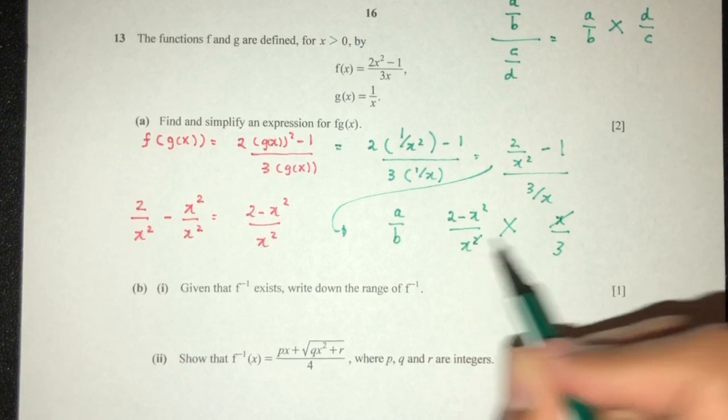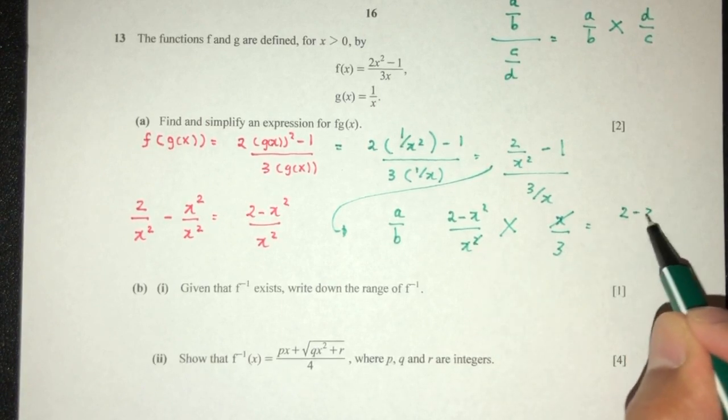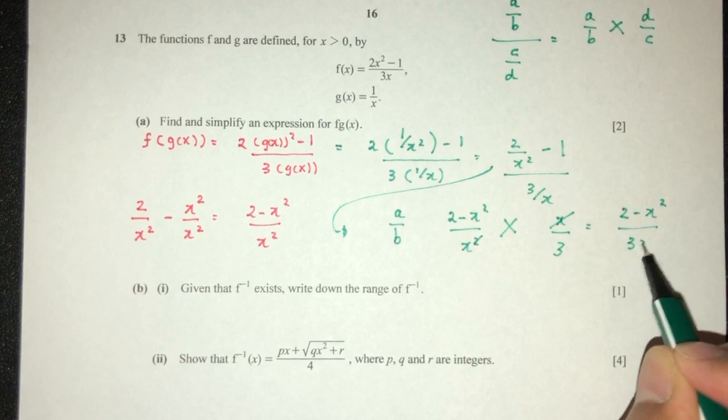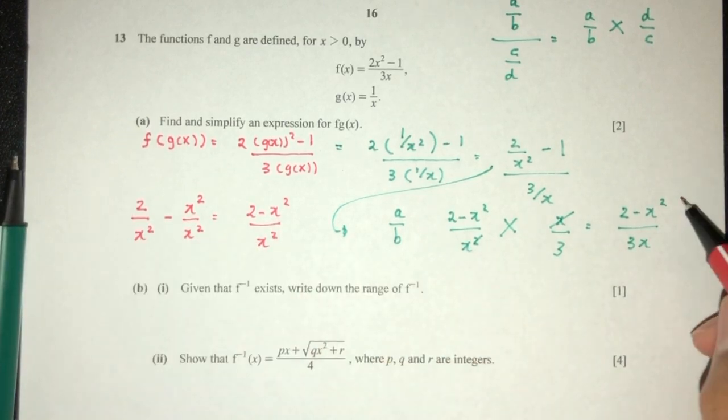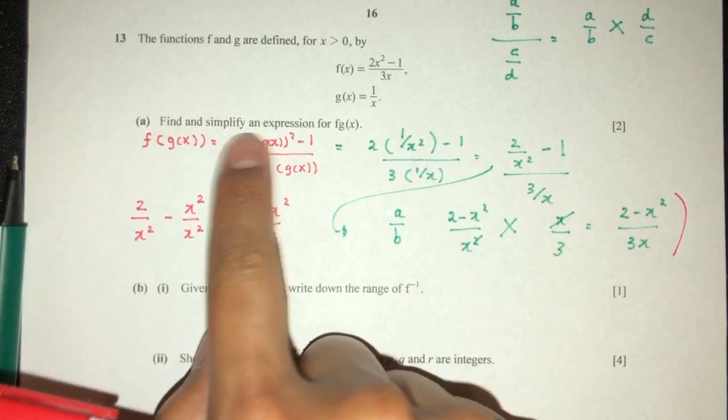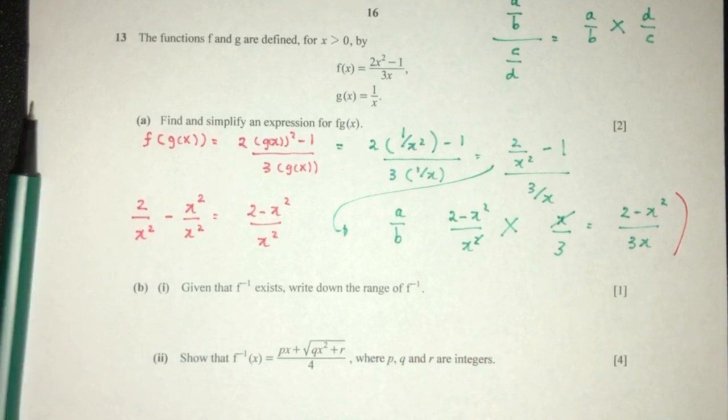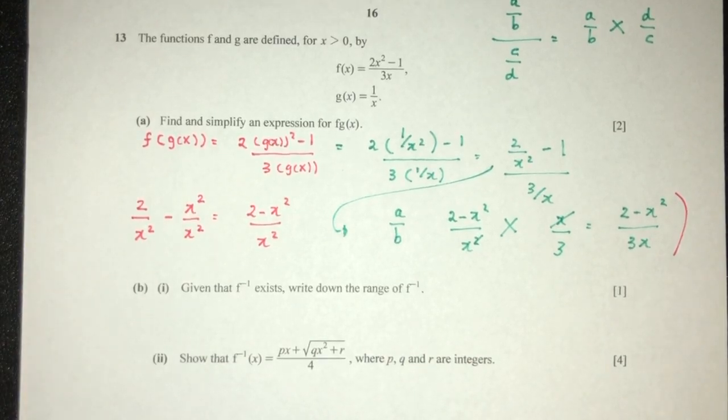This and this will go away. You will have 2 minus x squared over 3x, and that is your answer for part A. This is the simplified expression we can give them. Okay, that will be part A.